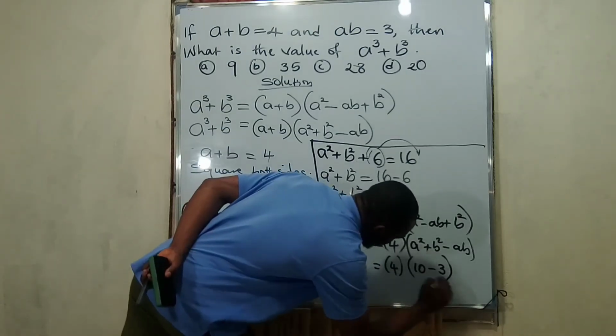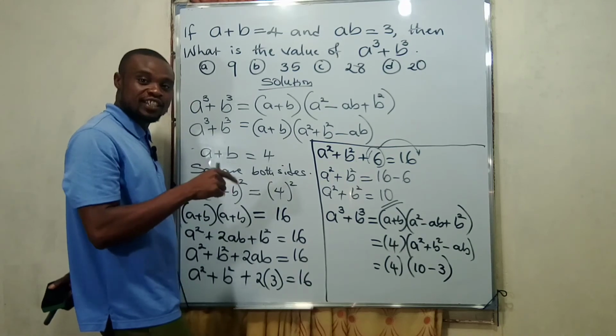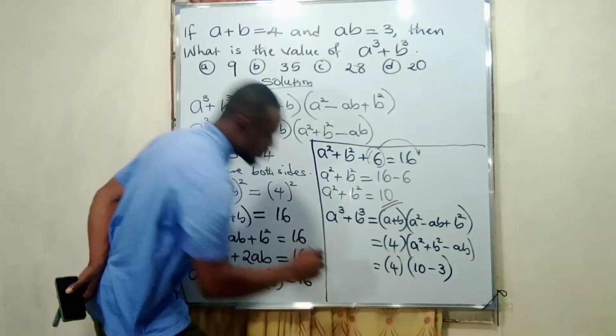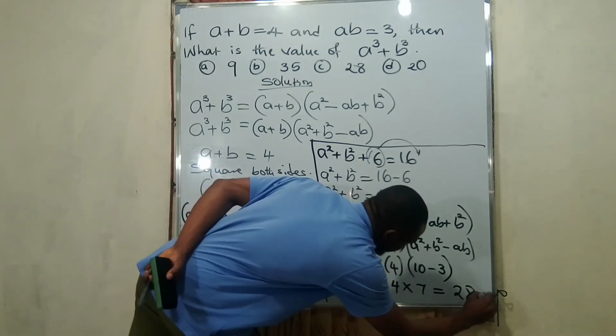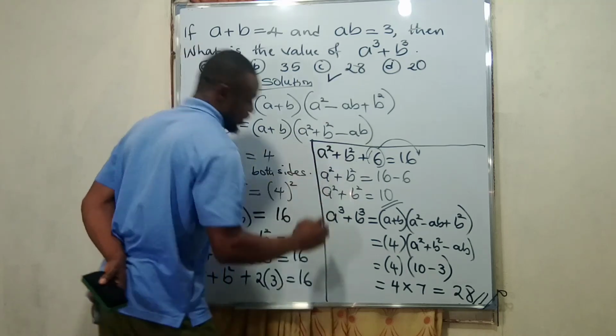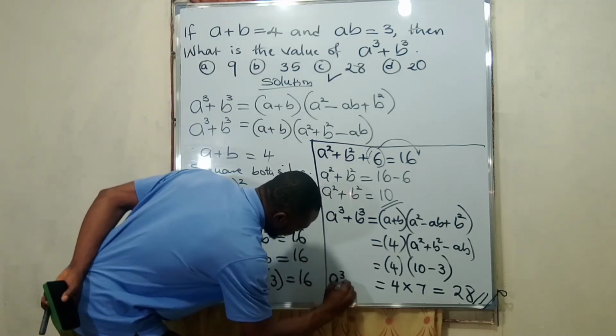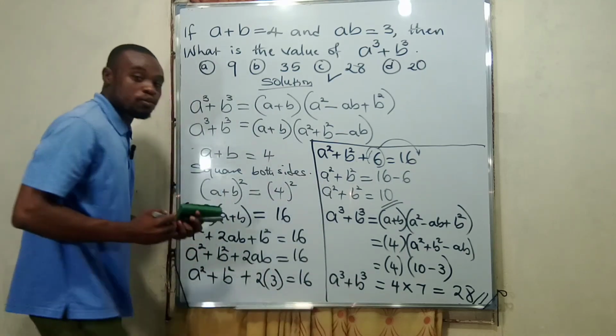So we have 3 here, close the bracket. So 10 minus 3 is 7. So 4 times 7 is equal to 28. So the correct option to this question is 28. So this is a cubed plus b cubed. So thank you for watching.